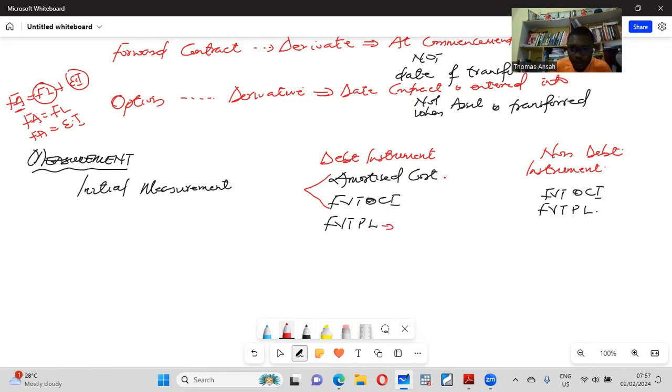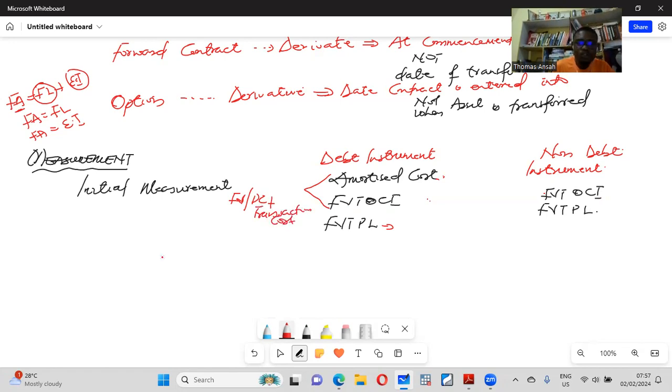So if the thing is at amortized cost or fair value through OCI, all right, the initial measurement will be the fair value or the purchase consideration of the financial asset plus transaction costs. Transaction cost. Please, what is transaction cost?